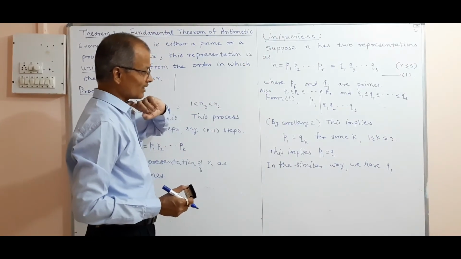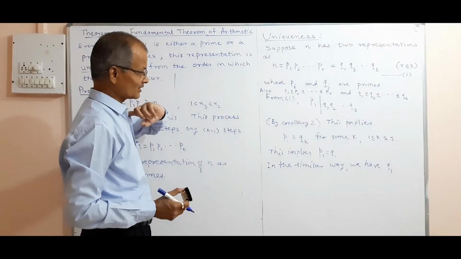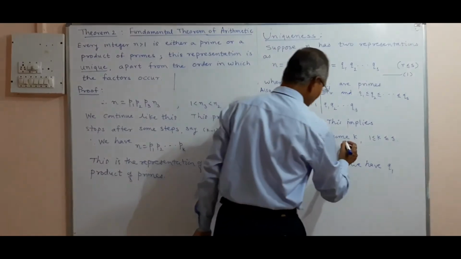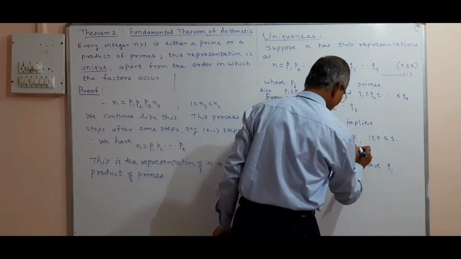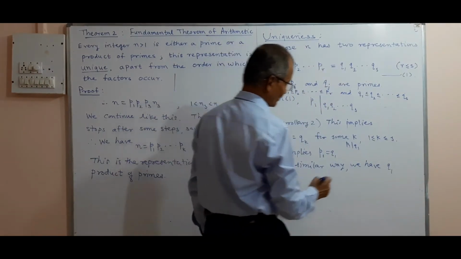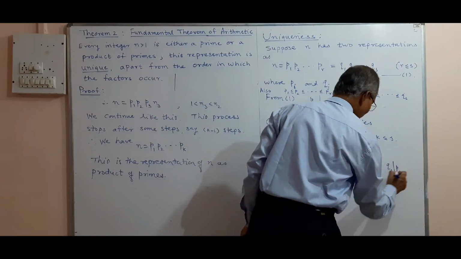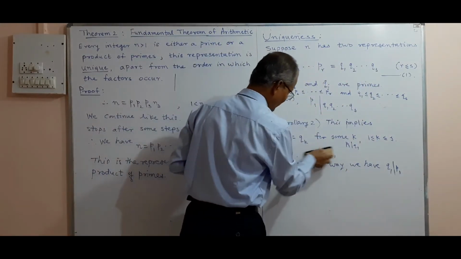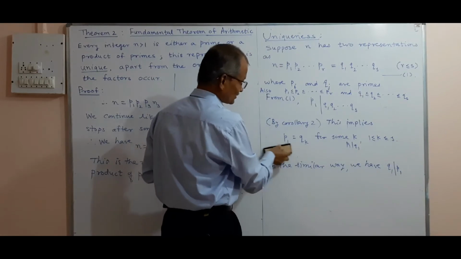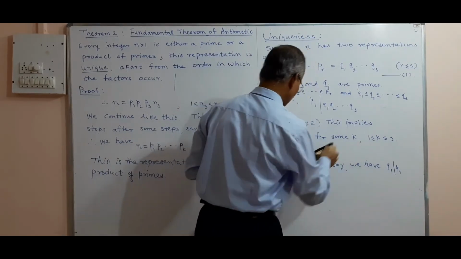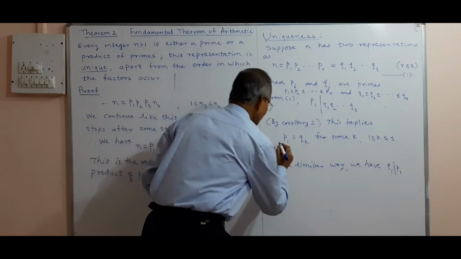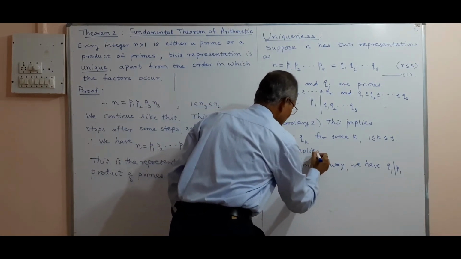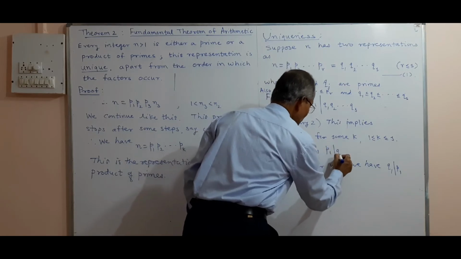So we will consider this as p1 equal to q1: p1 divides q1 and q1 also divides p1, then these will become equal. So here we may make the correction. So this implies p1 divides q1.